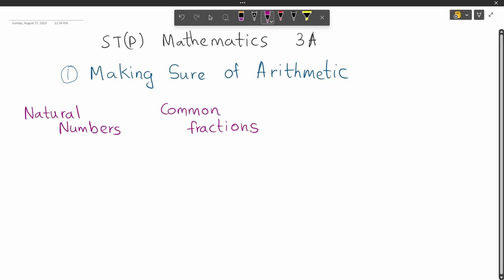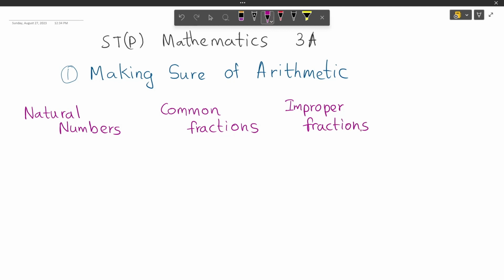Third one is improper fraction. Fourth one is mixed number. These are the four names we are going to talk about.